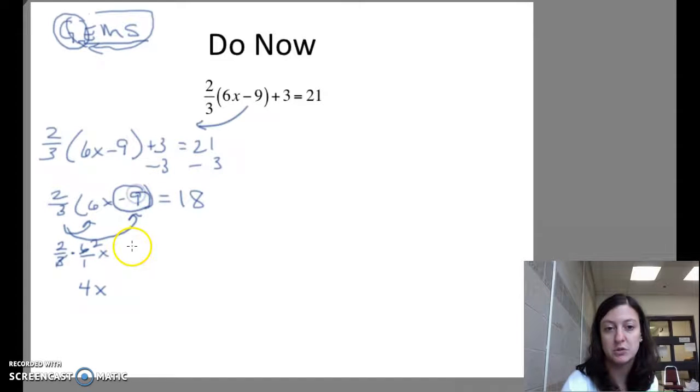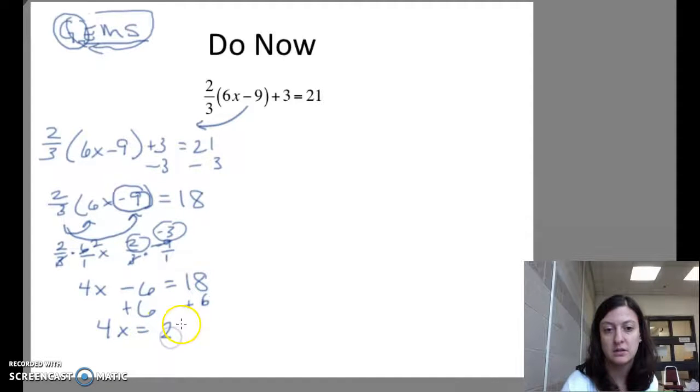Circling the second term to include the sign, 2/3 times negative 9 over 1, cross cancel, it's negative 3, minus 6, because 2 times negative 3 is negative 6, equals 18. Now I'll add 6, 4x equals 24, divide by 4, x equals 6.